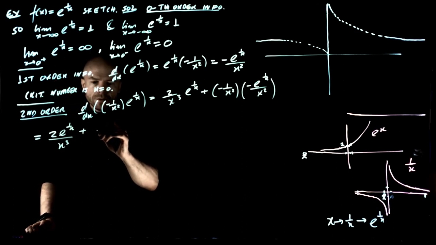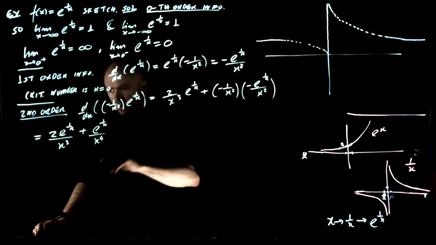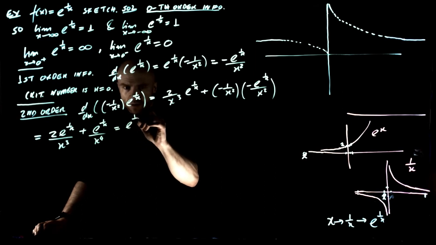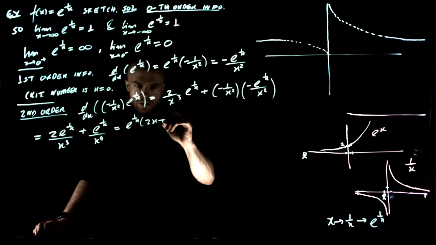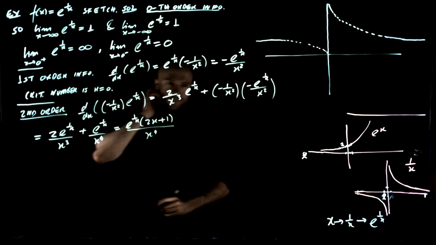And then we're going to have e to the 1 over x over x to the 4. And I want to comment on it, so I'm going to multiply top and bottom of this thing by x. And then I can also factor out e to the 1 over x. And that's it. All right.